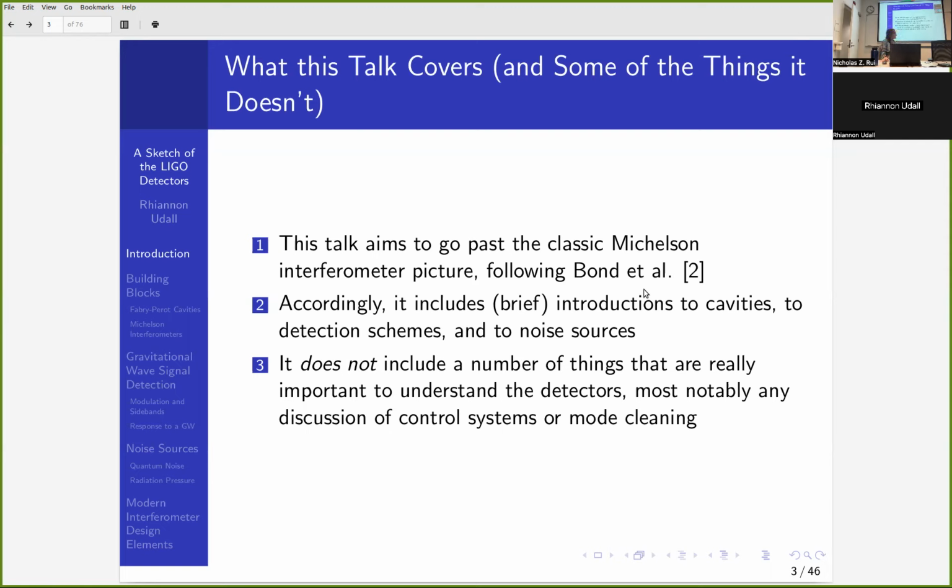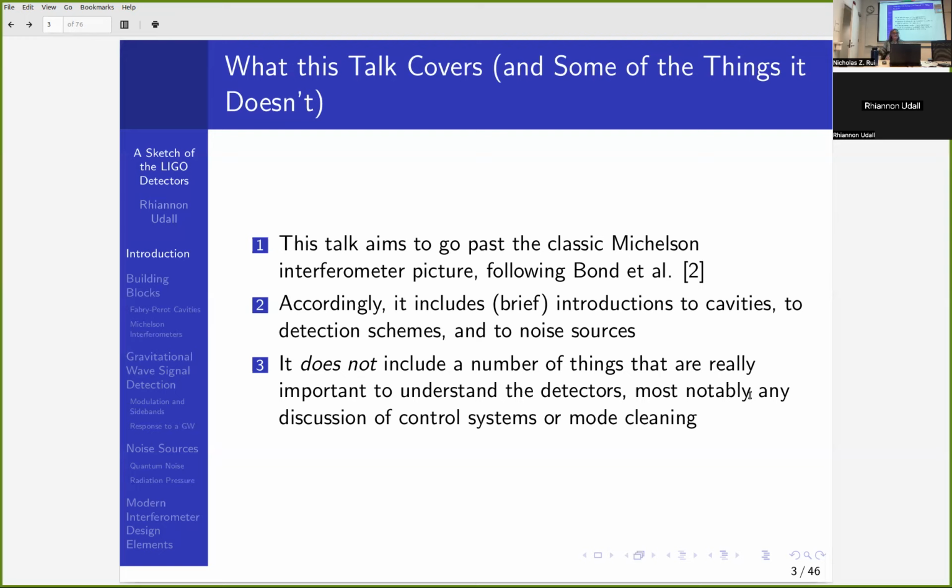It's good, pretty thorough. Part of that is I am going to include introductions to cavities, to detection schemes, and noise sources, which is not really mentioned, at least in my experience, when people talk through basic intros to LIGO. But I will not be mentioning, among other things, control systems, which is like 70% of it.